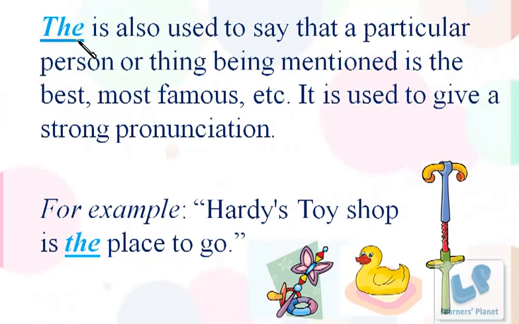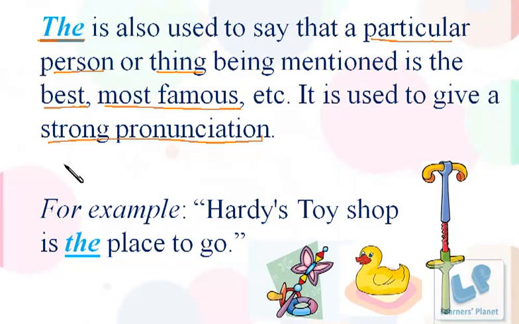Now friends, the is also used to say that a particular person or a thing being mentioned is the best, most famous, or really very grand or special. It is used to give a strong pronunciation. The over here is used when we want to emphasize something that is really very good.